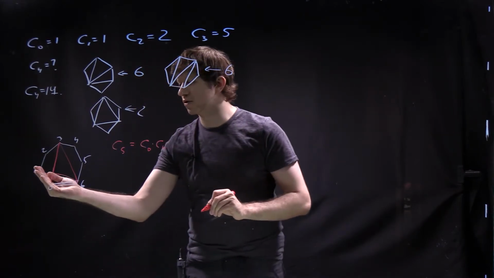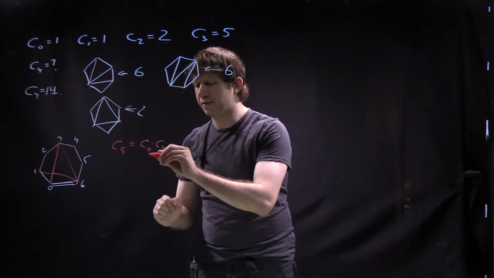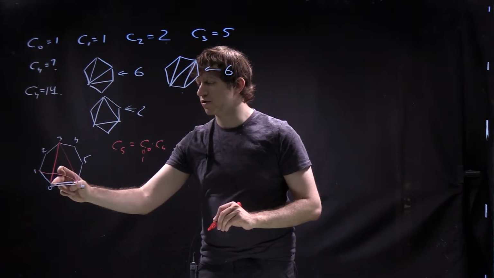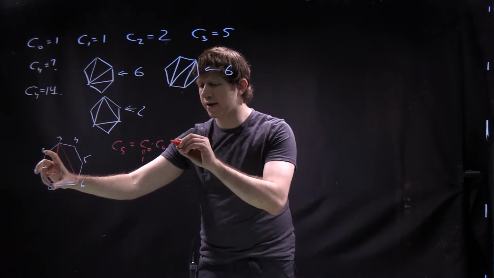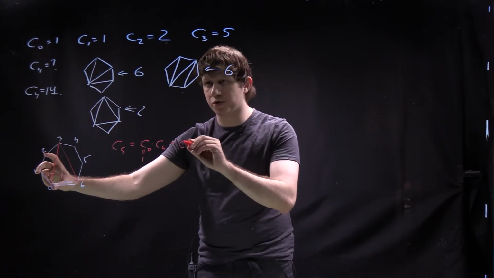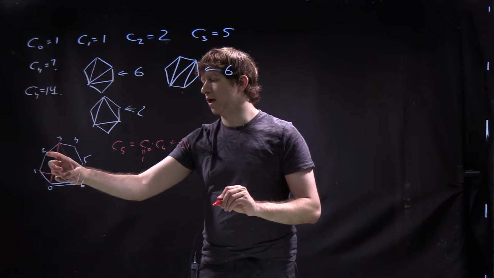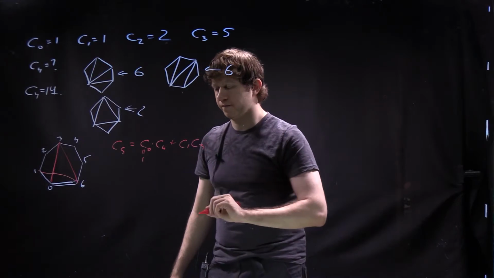And C0 is there because on the left-hand side of this triangle, there is exactly a digon. So that's 1. And then another option is that we have a triangle 0, 2, 6 here. So then here we need to triangulate a triangle, and there is C1 options to do that, which is still 1. And on the right-hand side, we need to triangulate a pentagon, so we multiply by C3.